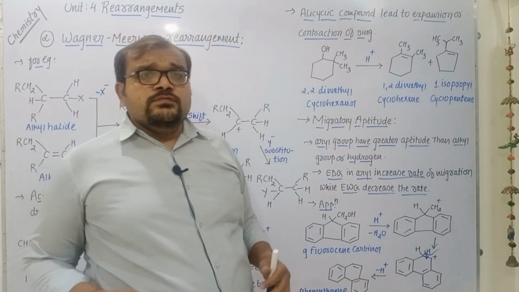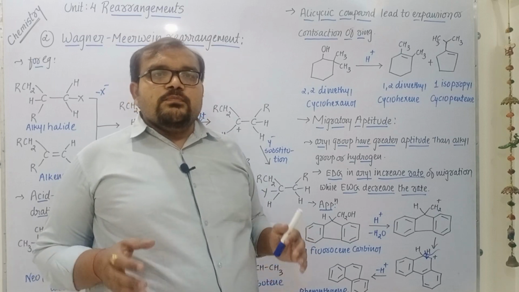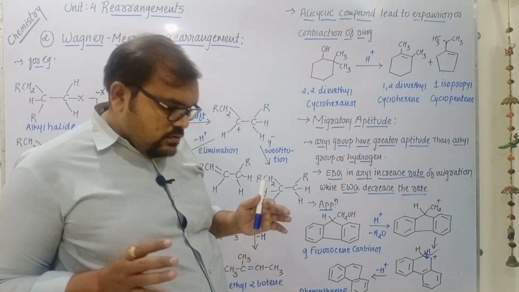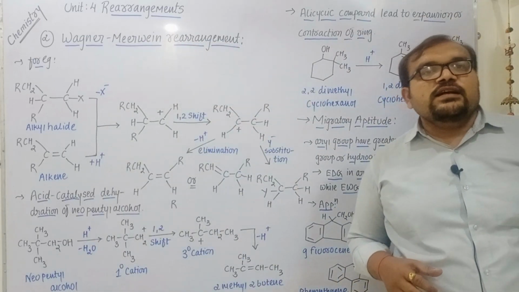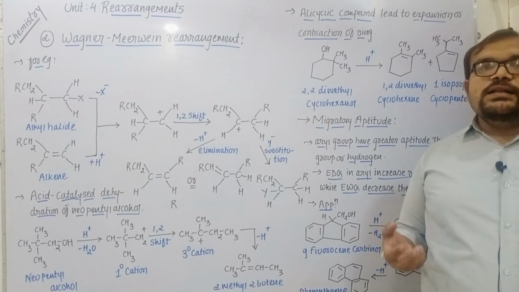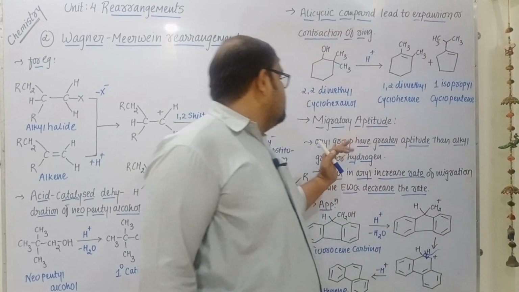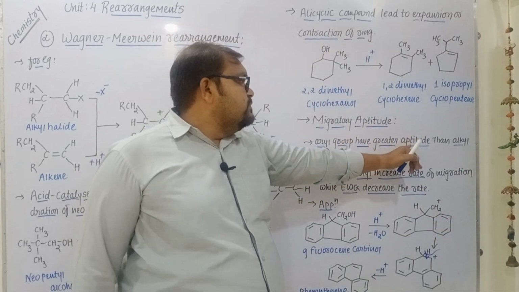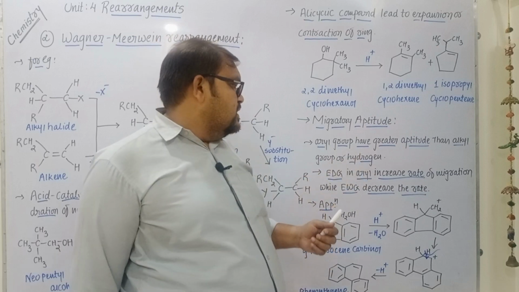Now, if we discuss migratory aptitude, as we all know, aryl has more migratory aptitude compared to alkyl as well as proton. As we can see here, the aryl group has greater aptitude than an alkyl group or hydrogen for migration, right?